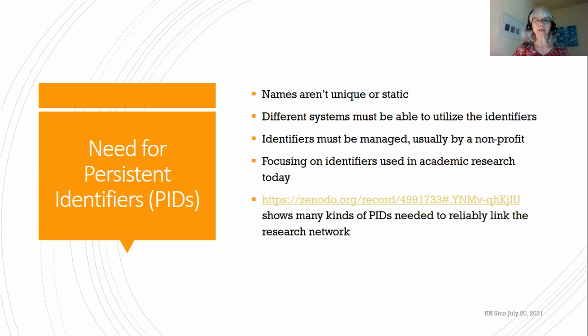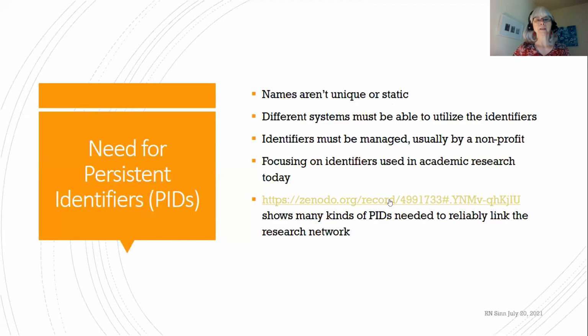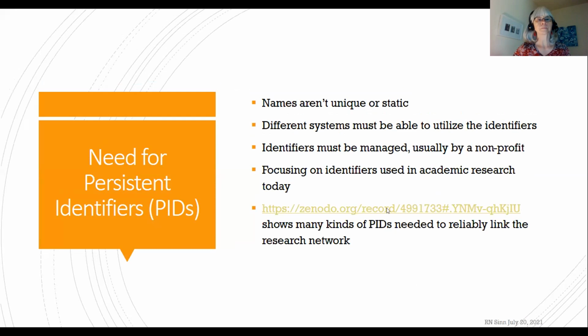There are many kinds of PIDs out there. There is this wonderful infographic that doesn't show up very well on the screen. I'm sorry about that. But this is looking at the research cycle and all the different persistent identifiers that are used in it. So when a grant is awarded, there needs to be a DOI.